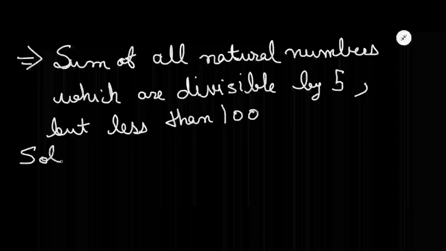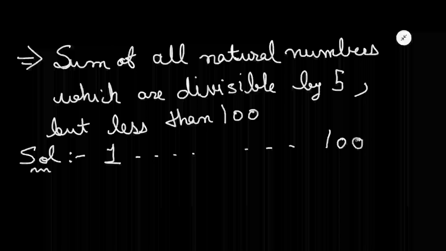Solution: between all the numbers starting from 1 up to 100, we have to find the numbers which are exactly divisible by 5.